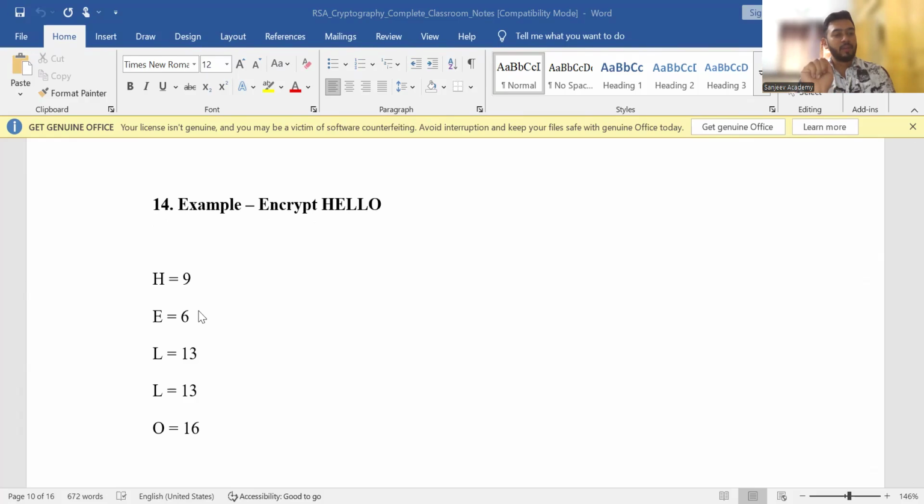Okay. Because if I take A is equal to 1, and write it down here, then 1 power E is always 1. Correct. And if E value is 100, 1 power 100, what is the answer? 1 only.